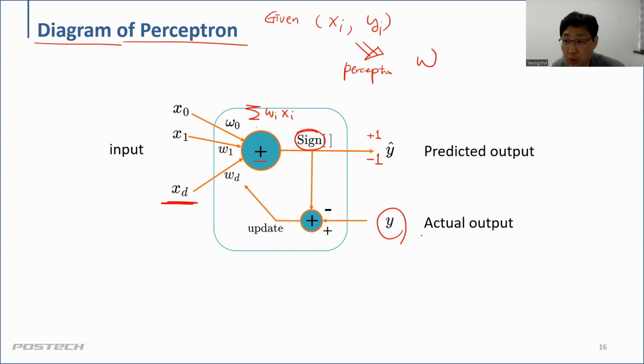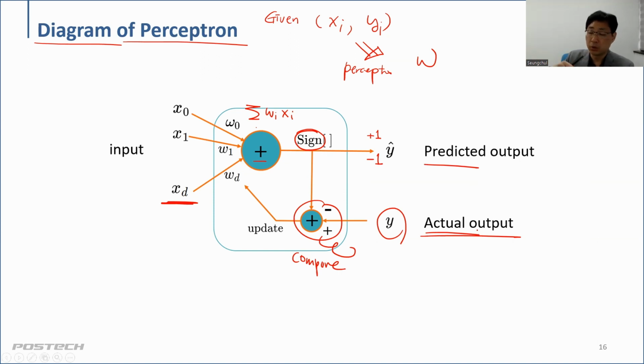We do a comparison. If the predicted and actual ones are the same, we don't need to do anything. If they're different, then we have to update it like that.